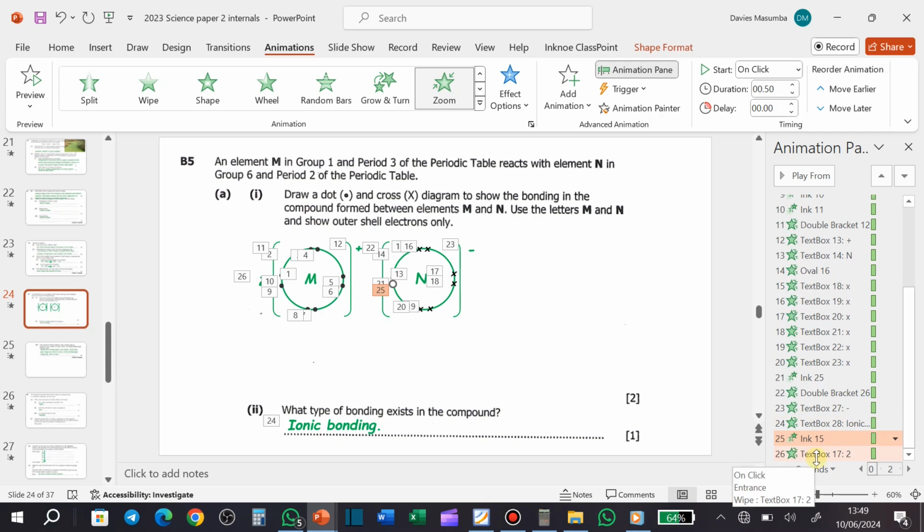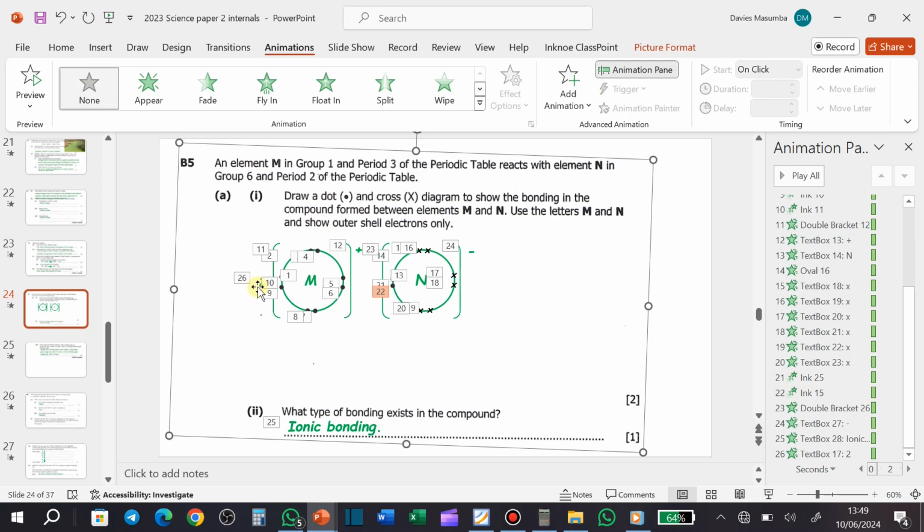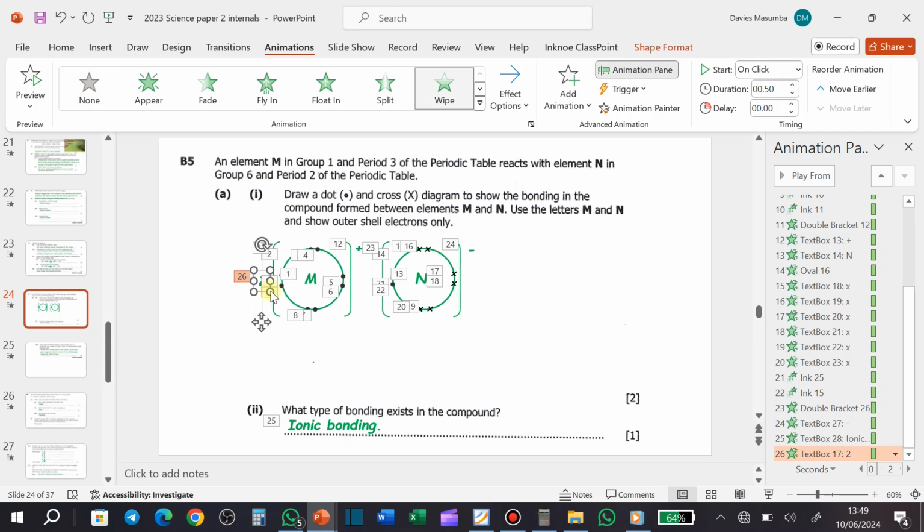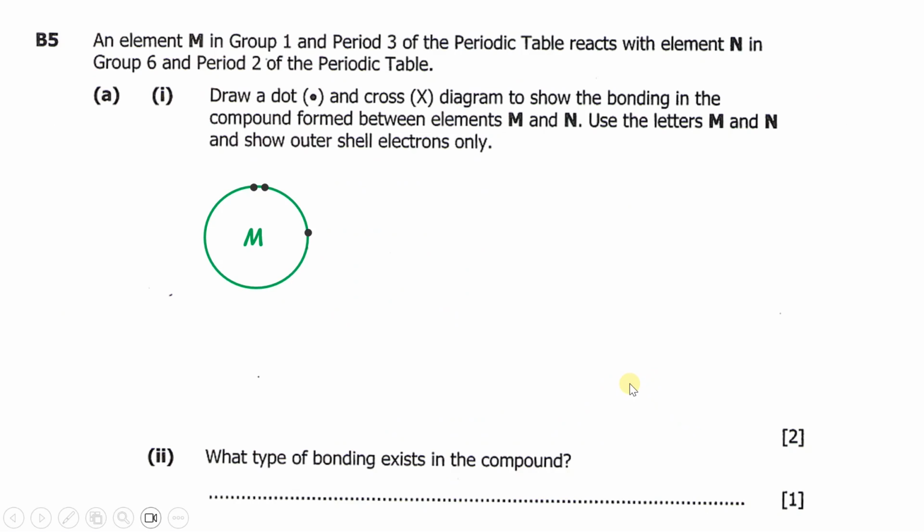So this one should be maybe among this one, and I'm just trying to do the arrangement properly. Then this one should be 2, then that one should come after that one, I think. Let me try to put it this way.